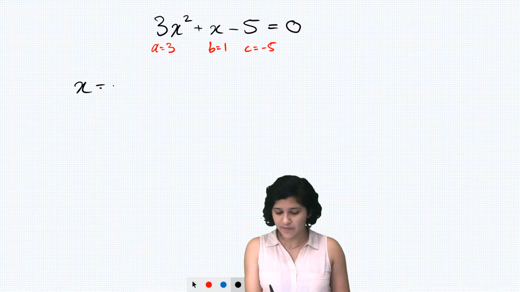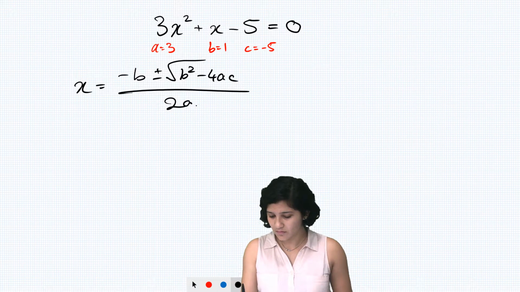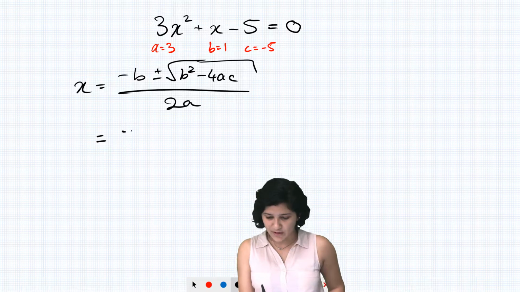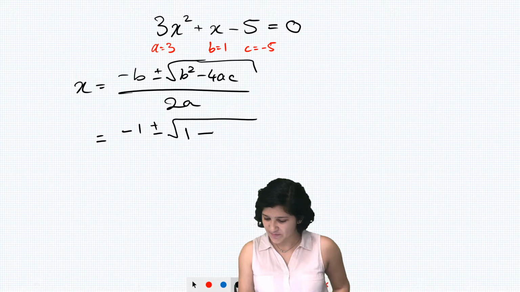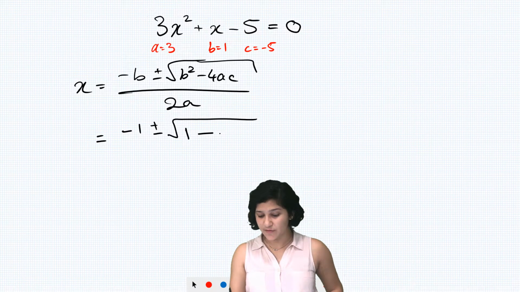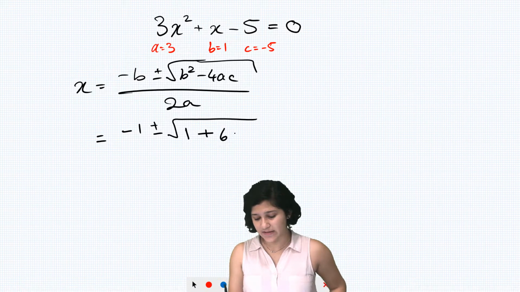So, quadratic formula. Hopefully you will all have it memorized by the end of the video. 4 times a times c. A times c is negative 15, times 4 is negative 60, so minus negative 60 is plus 60.